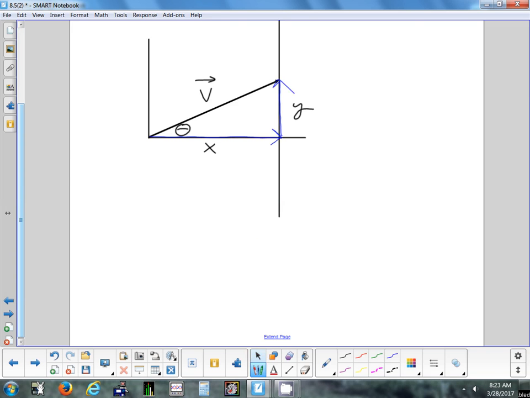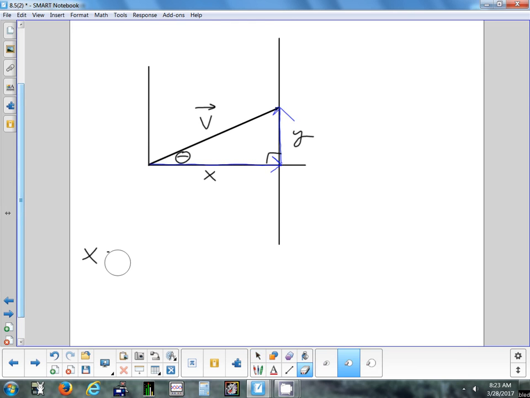Okay, so let's start with x. Let's start with what trig function we need to use to figure out x. Cosine. And what would the cosine of theta equal?